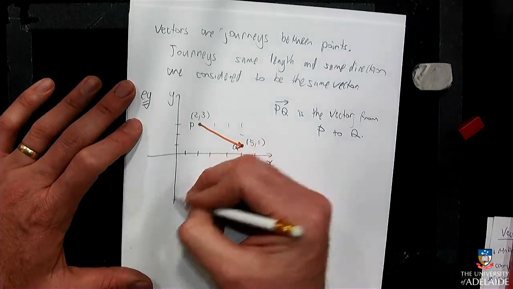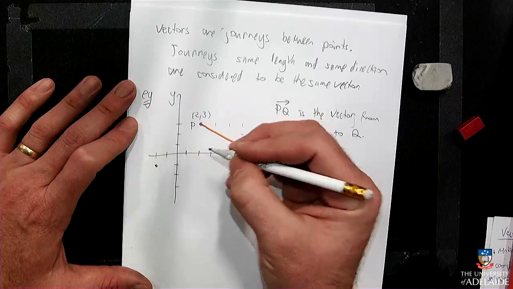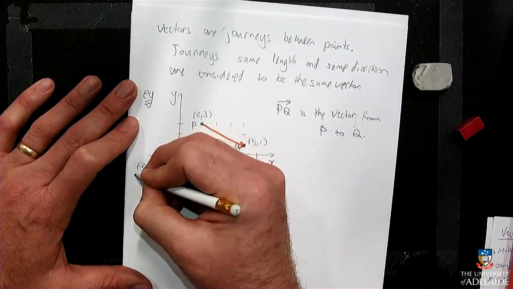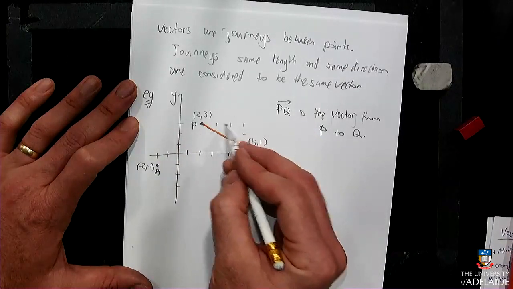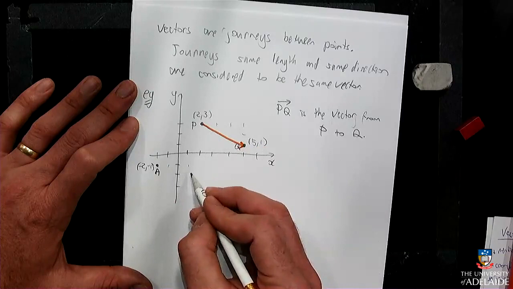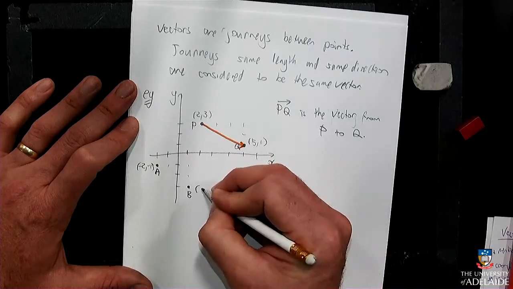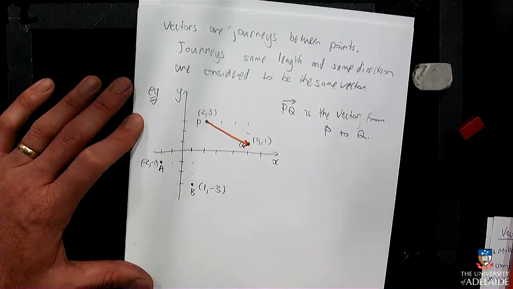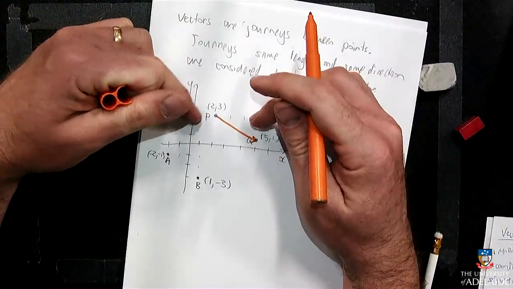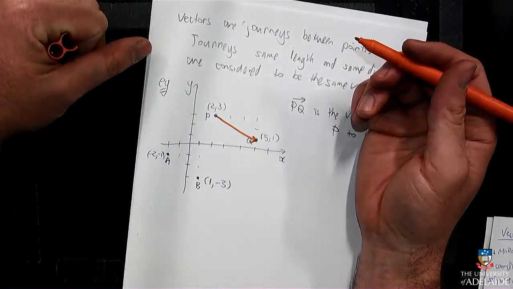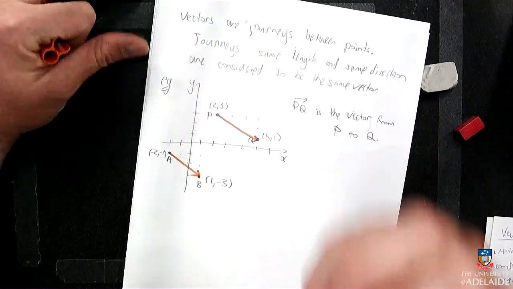So I might, for example, say here at -2, -1, let us call that A. And if we go across 1, 2, 3, and down 2, here at the point, we'll call it B, and this has coordinates 1, -3. It doesn't look like it's the same because I haven't drawn my axes with the same units, I'm sorry. This vector is the vector from A to B.